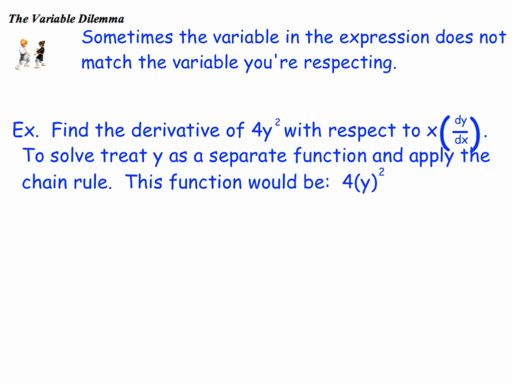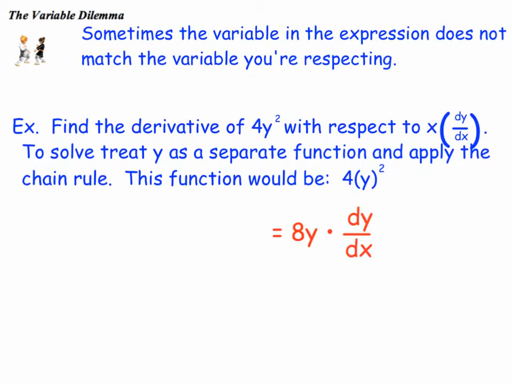So we take 4, put the y squared in brackets, and if we take the derivative of this, we apply the power rule to 4y squared, which would become 8y times dy over dx. So the derivative of y with respect to x, because that's what's inside the variable. We're using the chain rule there.